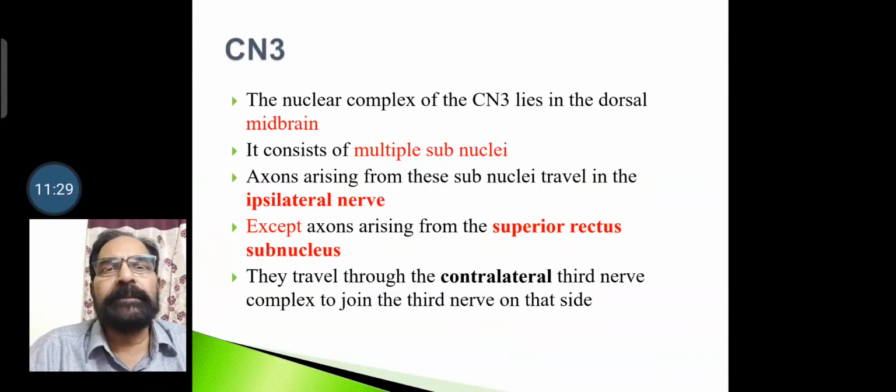That point should be noted. Except axons arising from the superior rectus subnucleus. So they are contralateral. They travel through the contralateral third nerve complex to join the third nerve of that side.